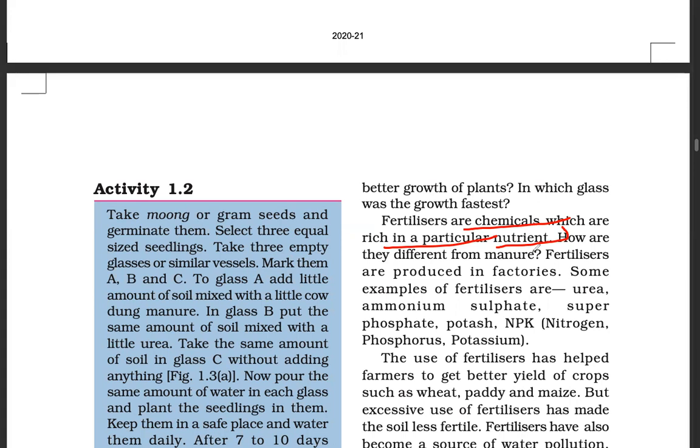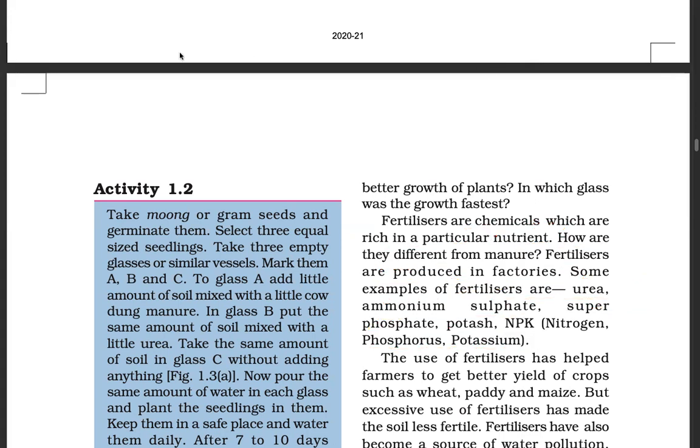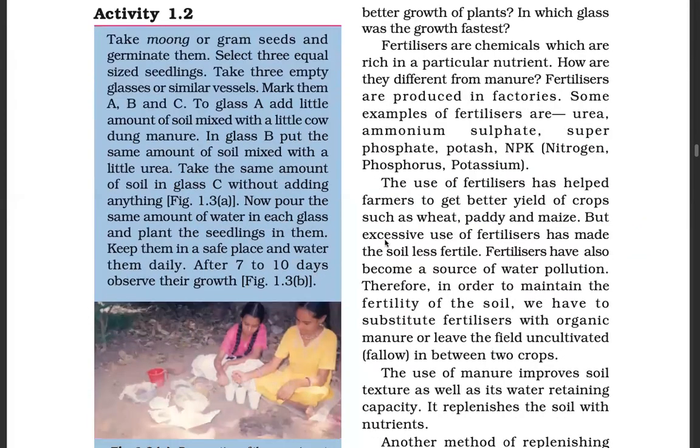NPK. So, how are they different from manure? We are going to read this. Okay, fertilizers are produced in factories. Some examples of fertilizers are urea, ammonium sulfate, superphosphate, potash, NPK, which is nitrogen, phosphorus, and potassium. Okay, let's read forward.